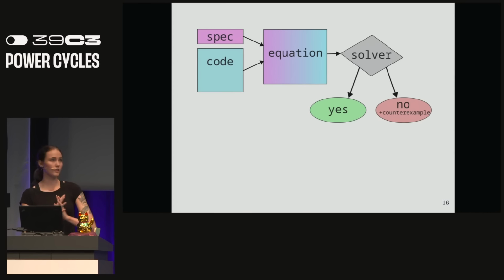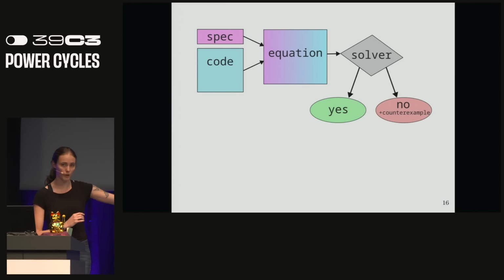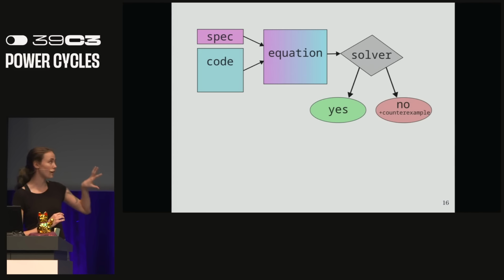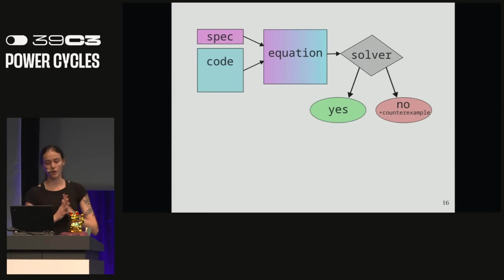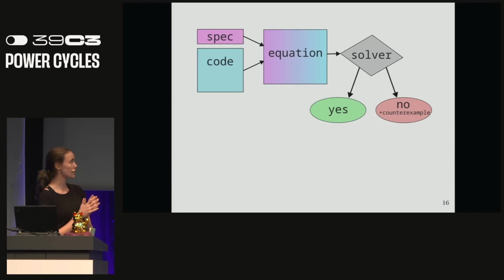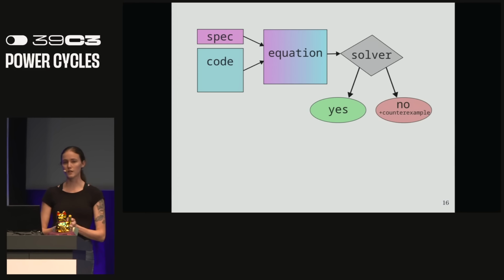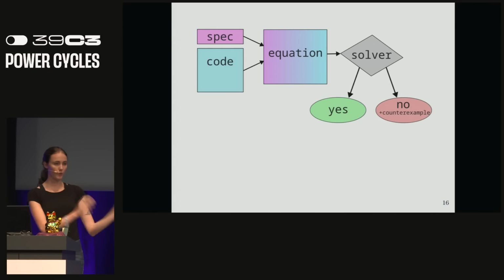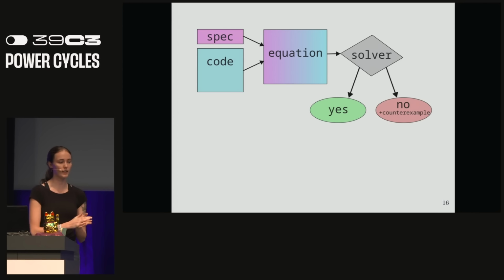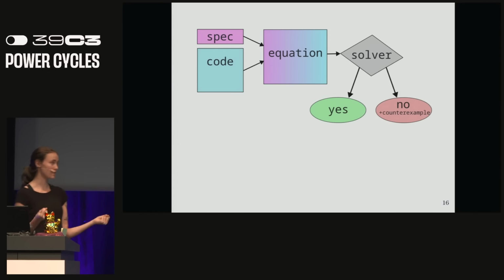This is just a little graphic about what the approximate workflow looks like when you're working with one of these SAT or SMT solvers. You write some code, you write a specification, and a tool translates that into an equation or a formula that the solver can understand. You forward that on to the solver, and then it tries to solve the equations. It actually tries to solve two.